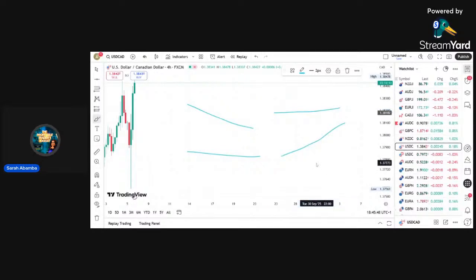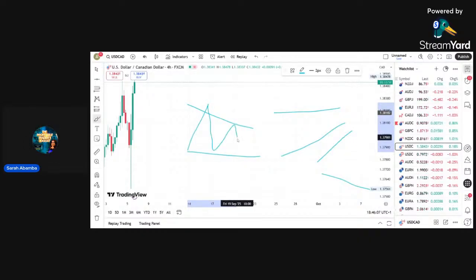Or you can have something like this and this. Sometimes they call this one a megaphone pattern. They're all broadening formations, but I just call all of them triangle because there are different kinds of triangle. It just moves back and forth between the resistance and the support. So the triangle pattern works for all of them.